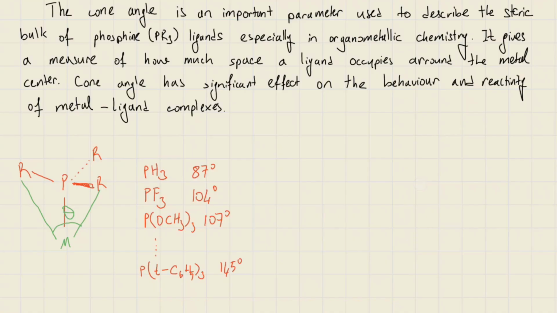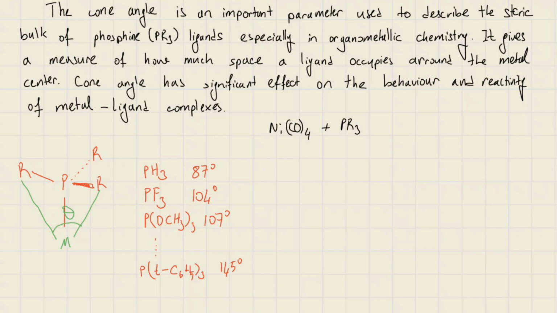For instance, if we have Ni(CO)4, how many PR3 can we add to this compound? And this is a very important question, since cone angle directly affects the number of addable phosphine ligands.